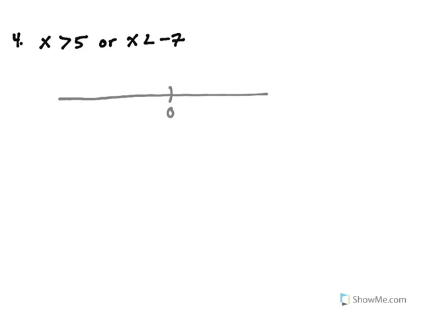We're going to put 5 to the right of 0, and -7 to the left of 0. You notice that one is greater than 5 and that one is less than -7, so those inequality signs will both be associated with open circles. Anything greater than 5 is going to be to the right, to positive infinity. Anything less than -7 would be to the left, going in the negative infinity direction.